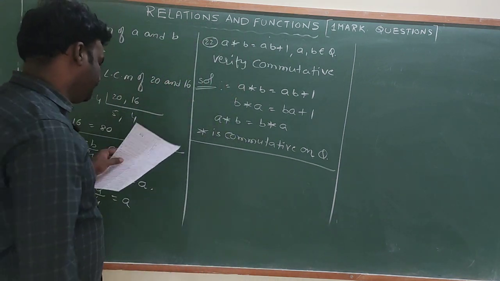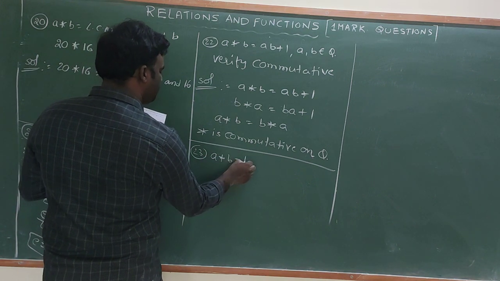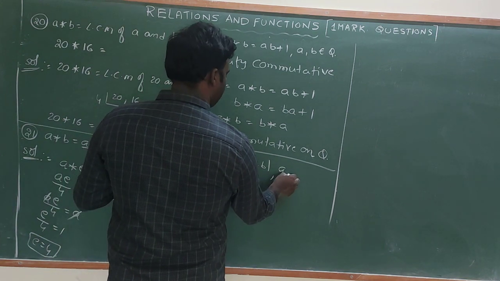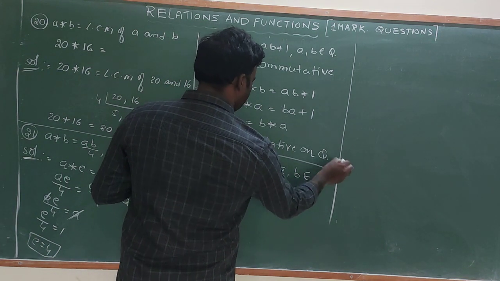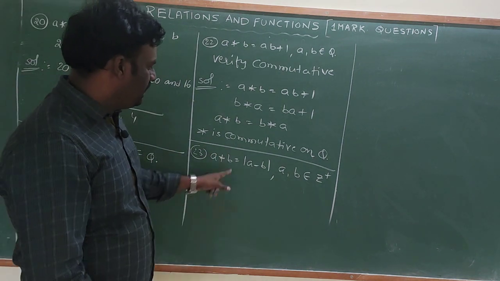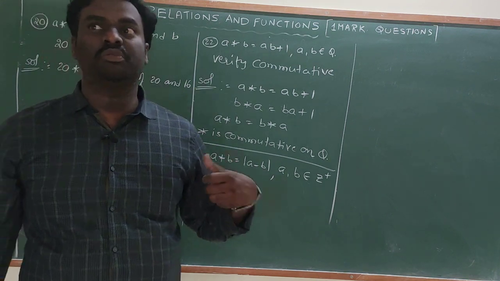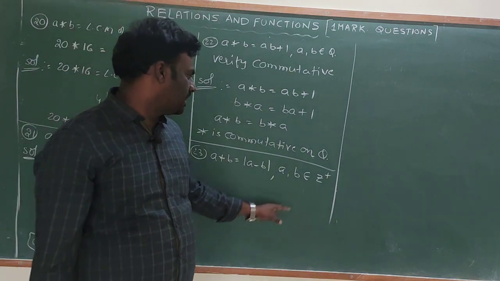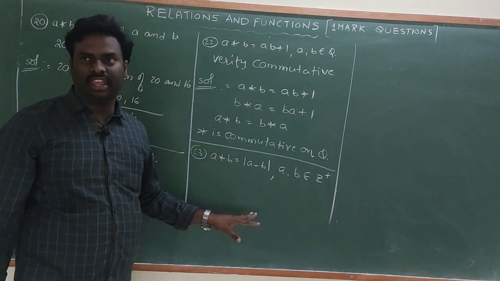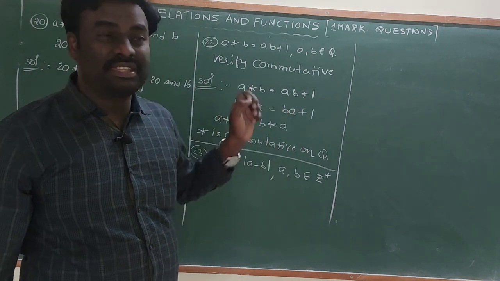Okay. Next, 23. A star B is equal to modulus of A minus B, where A comma B belongs to Z plus. We need to verify it is binary operation or not. See here, what is the symbol mod? Mod means it gives positive values. Positive values means that all are compulsorily positive integers. So if you take any numbers A and B, the resultant answer is positive only because the modulus symbol is there.